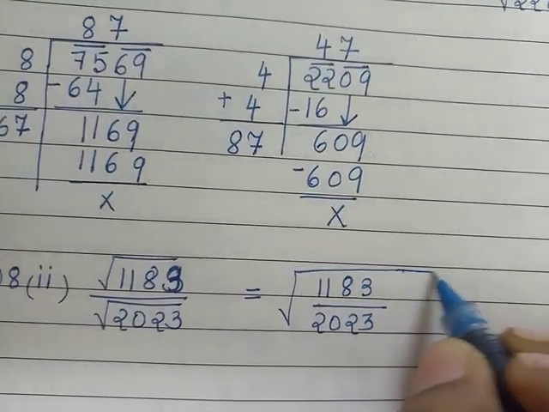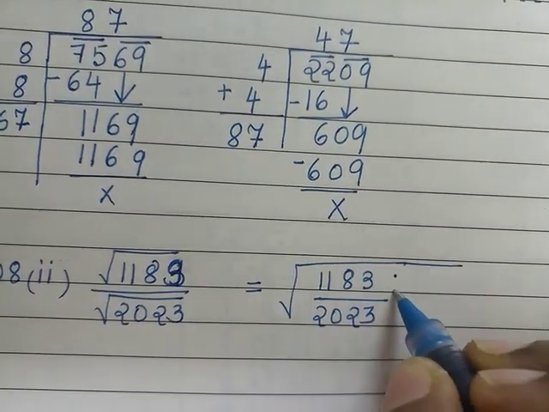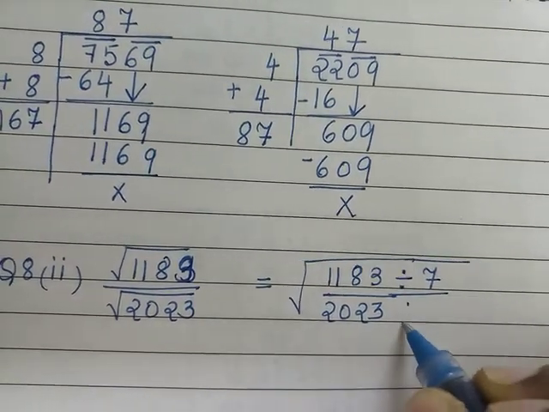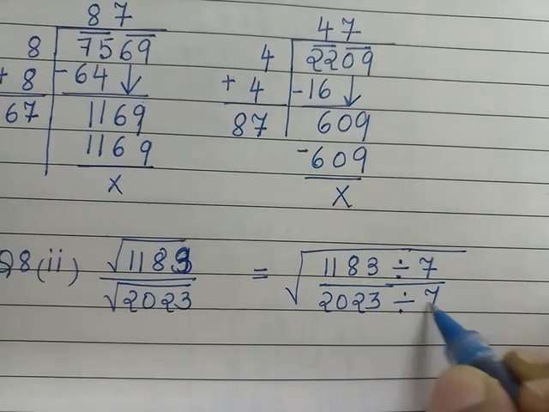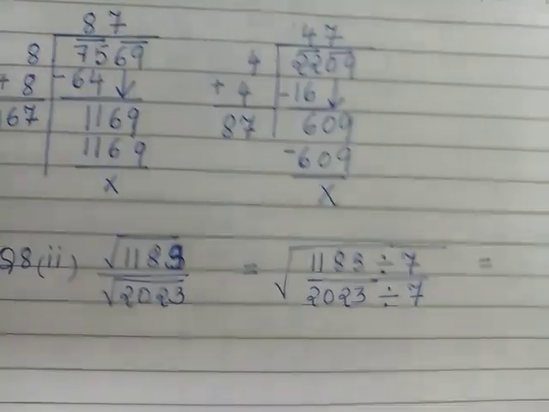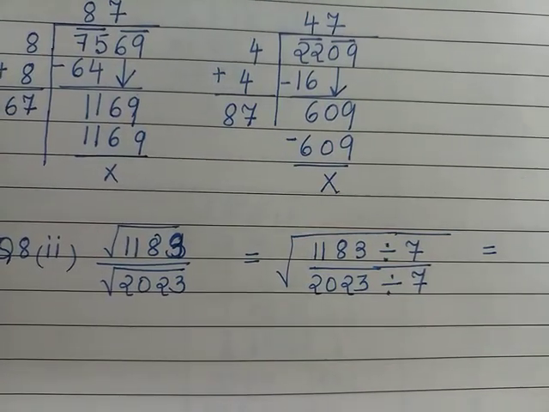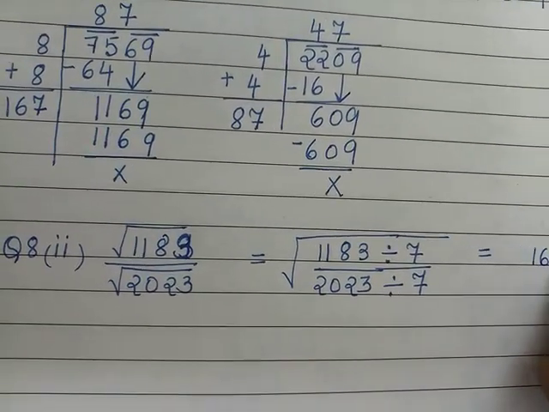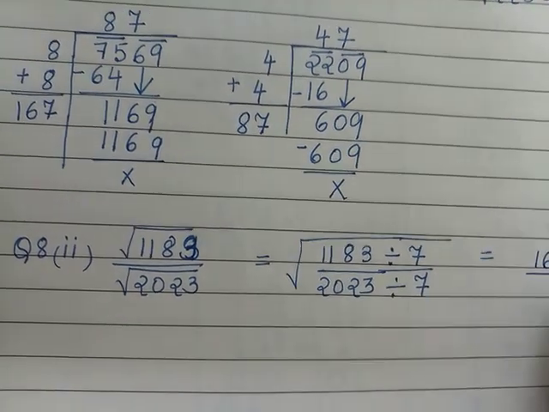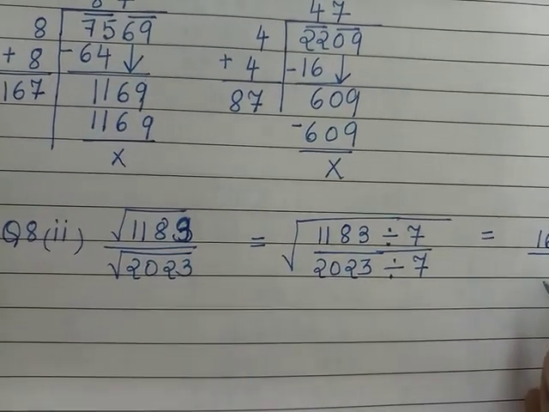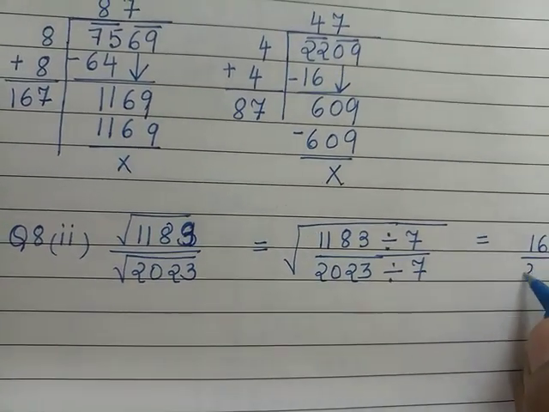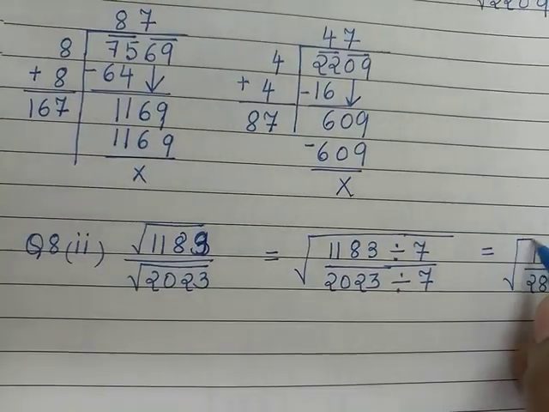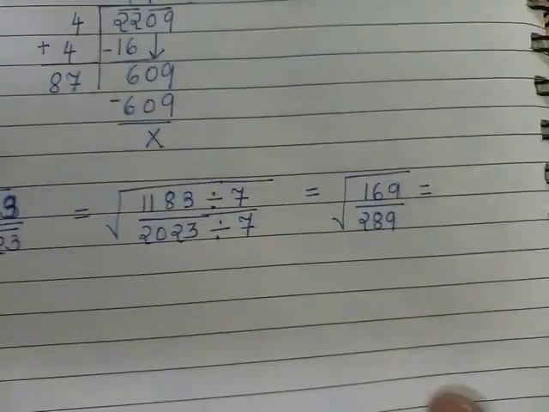But if you check, they both are divisible by 7. So I divide by 7 in the numerator as well as in the denominator. When you divide 1183 by 7, you will get 169. And when you divide 2023 by 7, you will get 289. And we are finding the square root of it.